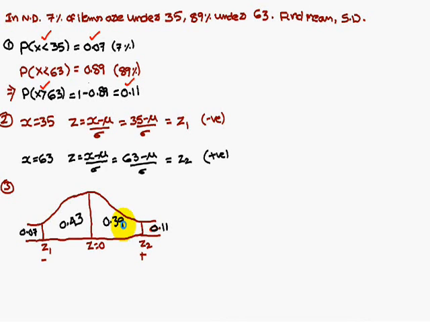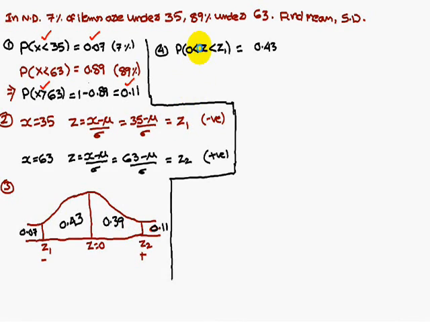Okay, these areas you have to write in terms of mathematical notation. So z is equal to 0 to z is equal to z1, the area is 0.43. I am writing here. That implies z1 is equal to how much? Minus 1.48.